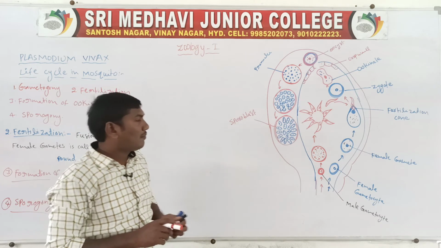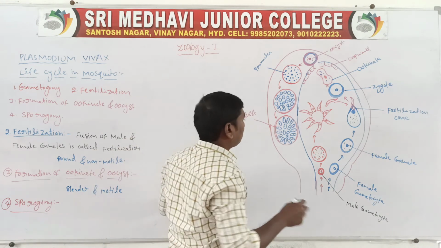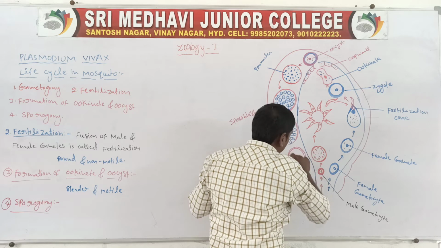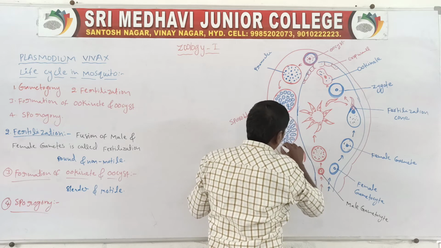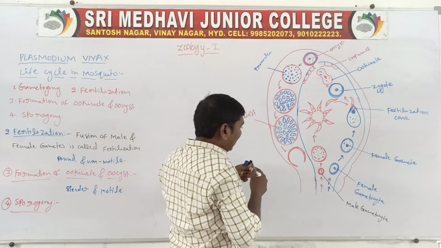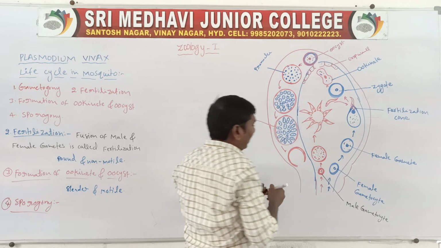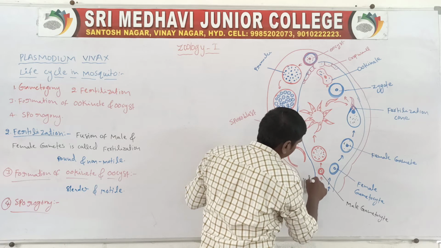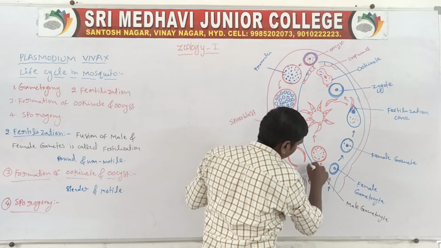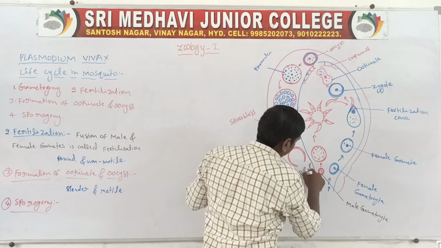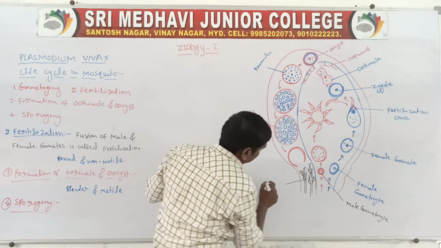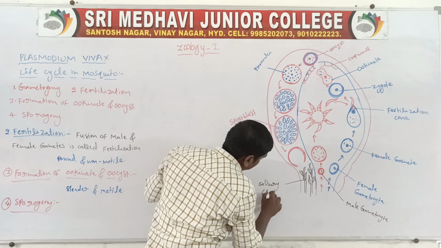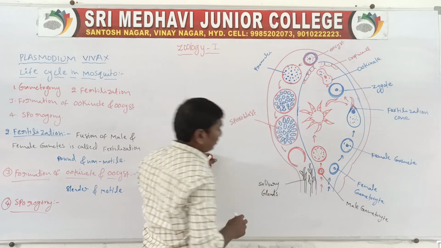The final step, the sporoblast is rupturing. The sporoblast is bursting, releasing the sporozoites into the salivary glands of the mosquito.